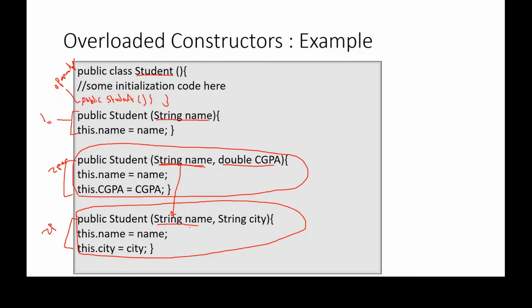But the second parameter is different. This is String, and this is double. So the difference is here, String and double. Yes, they have 2 parameters, but they are different types in the second parameter. The first parameter is the same, String. Don't look at the variable name. Look at the type.